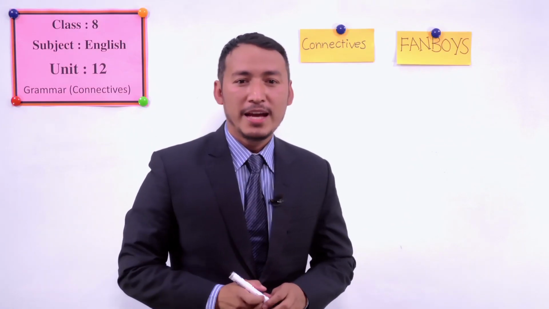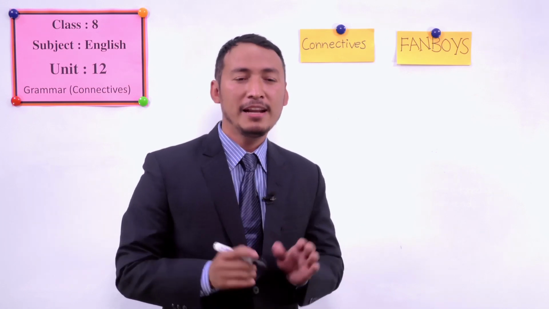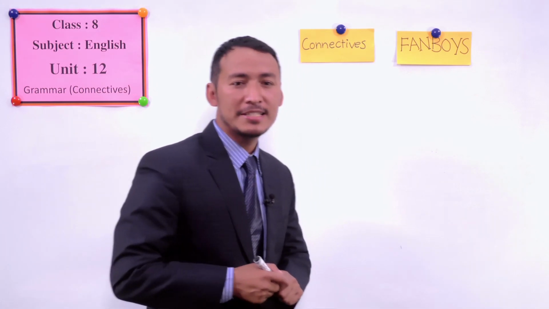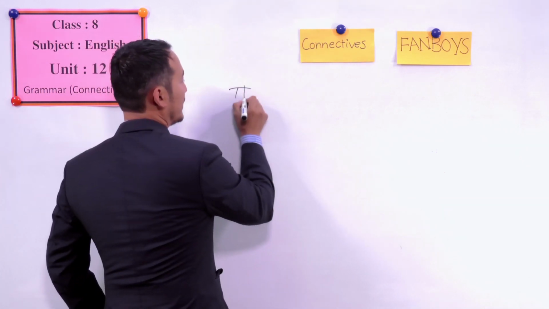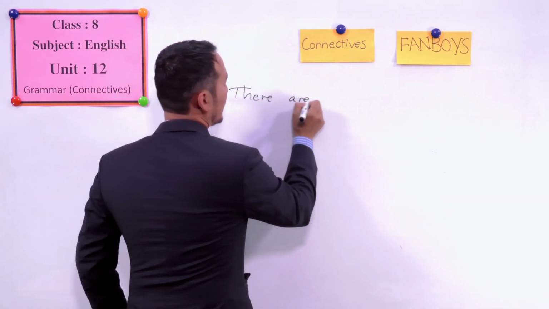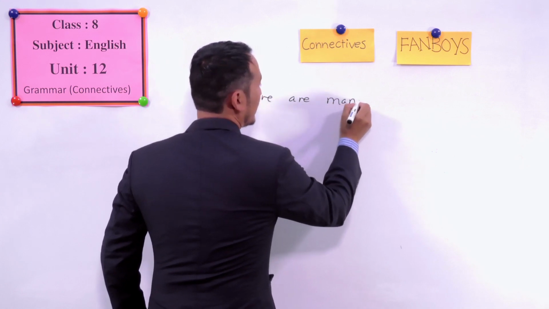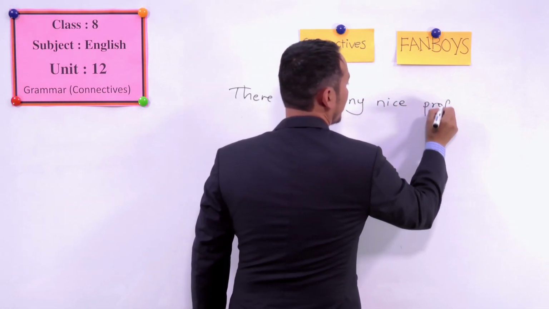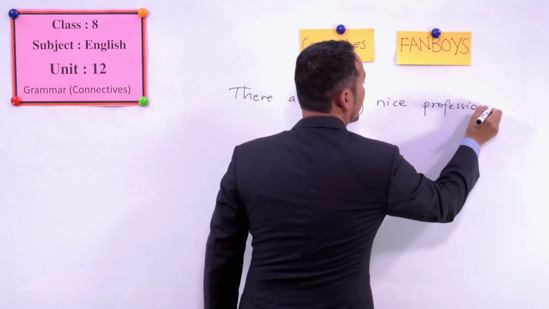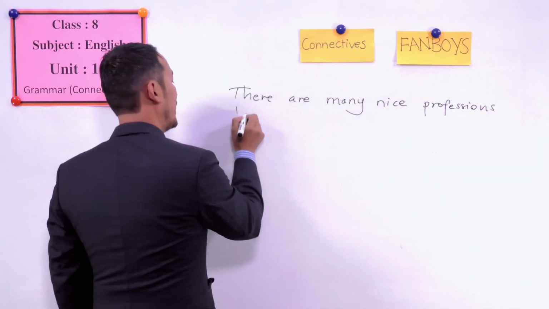Well, students, now I have some help for you. There is a list of sentences. There are many nice professions I'd like to have. So you can write, there are many nice professions I would like to have.